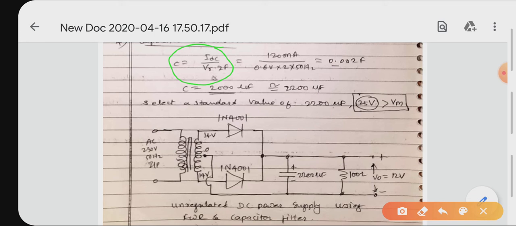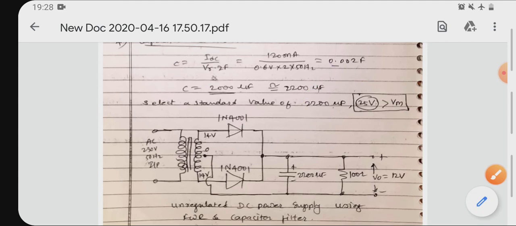So C is equal to 2000 microfarad, and it can be rounded off to its standard value as 2200 microfarad. Select the standard value of capacitor as 2200 microfarad, and voltage rating greater than Vm is 25 volts. Don't forget to draw the circuit diagram at the last.